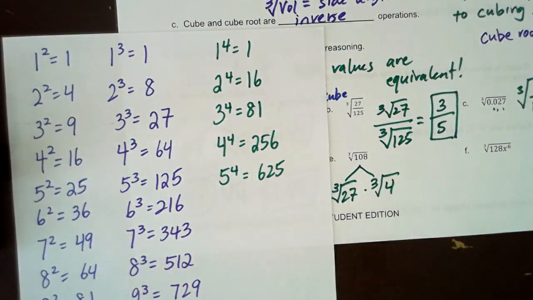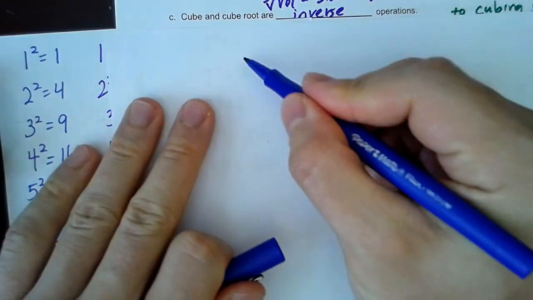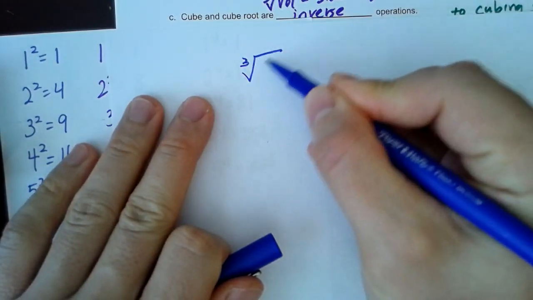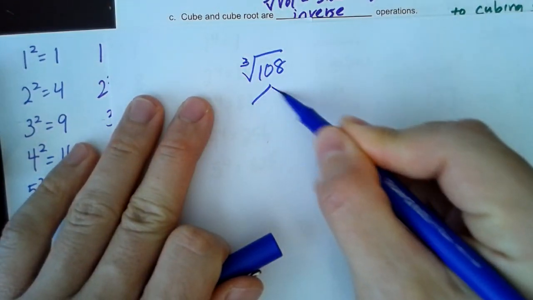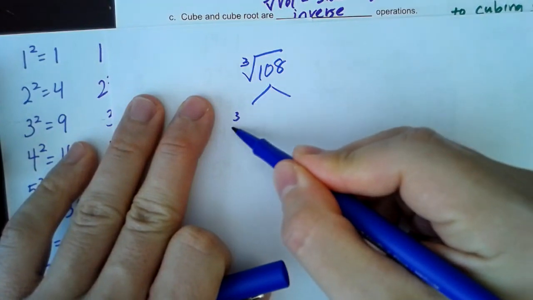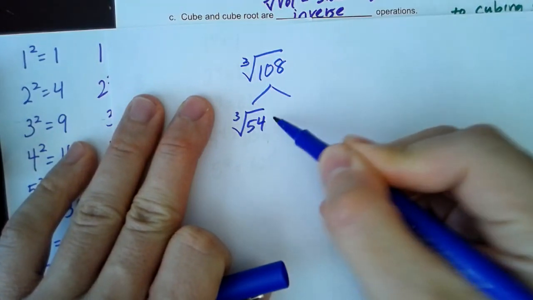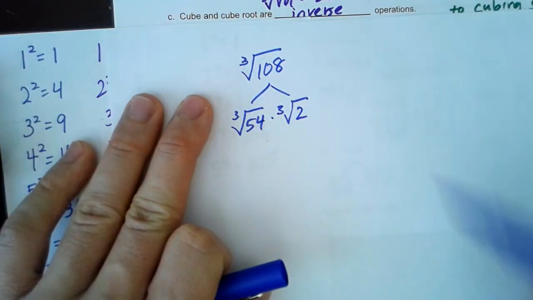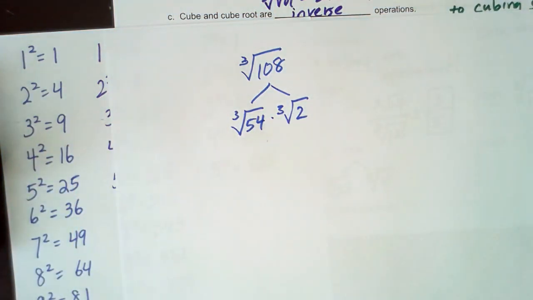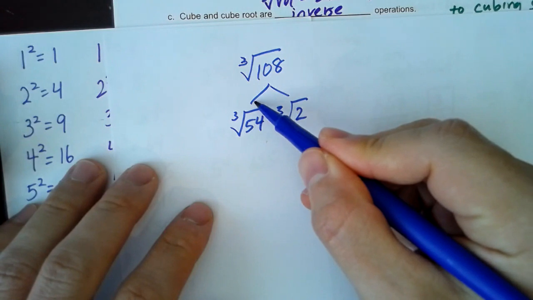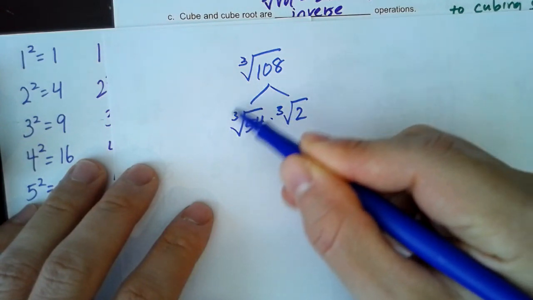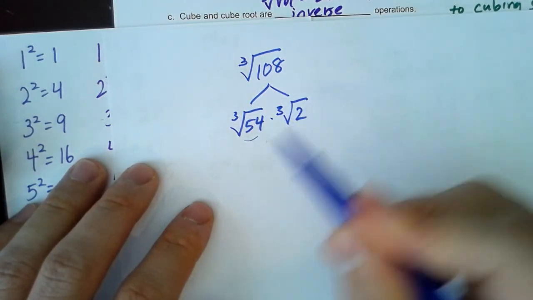Sometimes I'm going to do something that's not going to be wise, but I'm going to show it anyways. If you take the cube root of 108, some students will say, well, Mr. Kuo, isn't the cube root of 108 54 times the cube root of 2? And you would say, yes, that is correct. But you have to realize now you have to keep simplifying 54. Obviously, 2 can't be simplified.